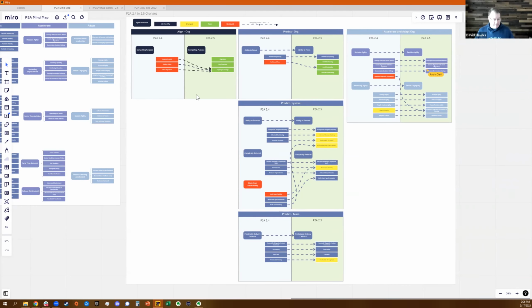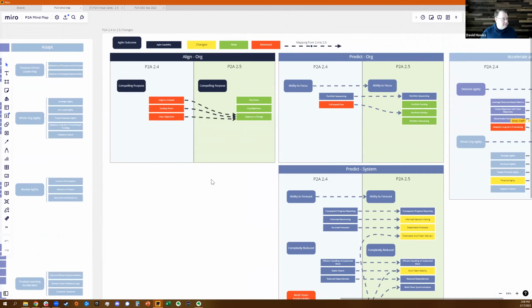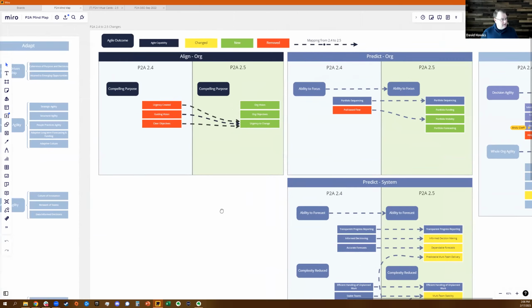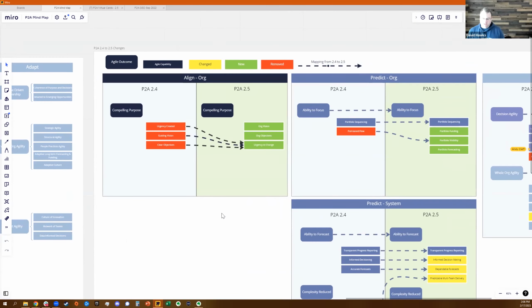There were three main themes that we ended up aligning to, and one of them was trying to get more org strategy capabilities in place. As y'all know, when we're working with our organizations and our leaders, one of the things that might be in the way is there's not even a clear compelling purpose for change.